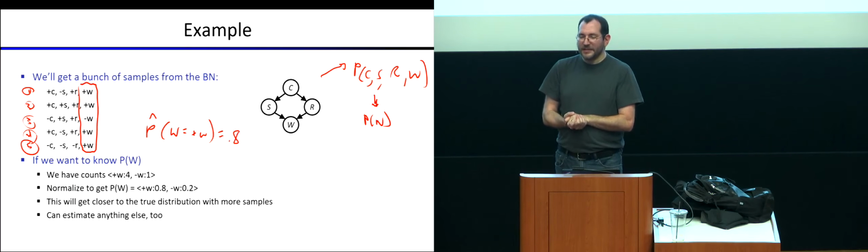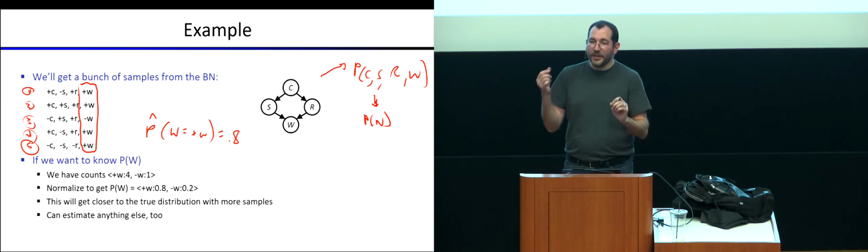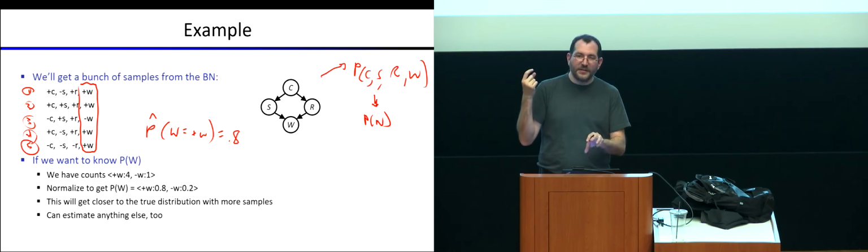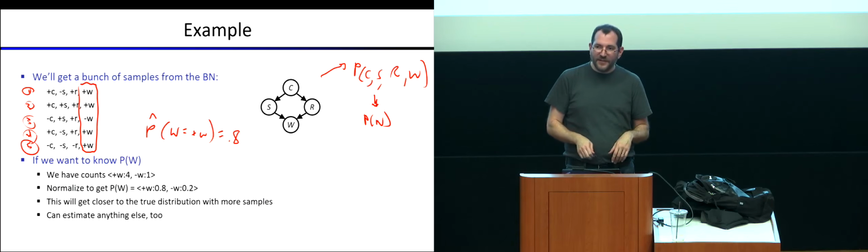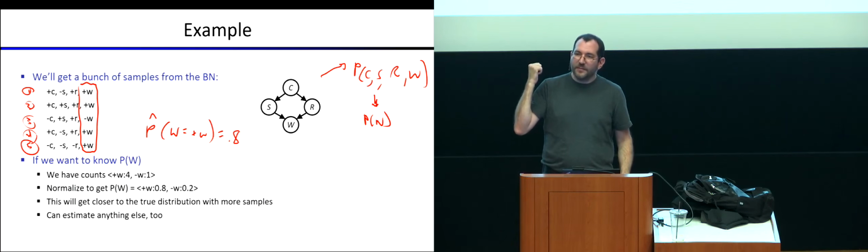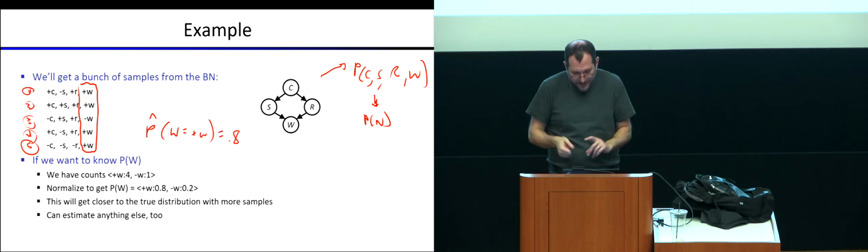Great. Do you think that's actually the probability in the network? I mean, I have no idea, but probably not, right? This is just an empirical probability of this quantity of interest, not computed in the network, but computed over samples which were drawn consistently with the network. So if instead of 5 samples I had 5 billion, this 0.8 would be about right. As it is, hey, it's a number.